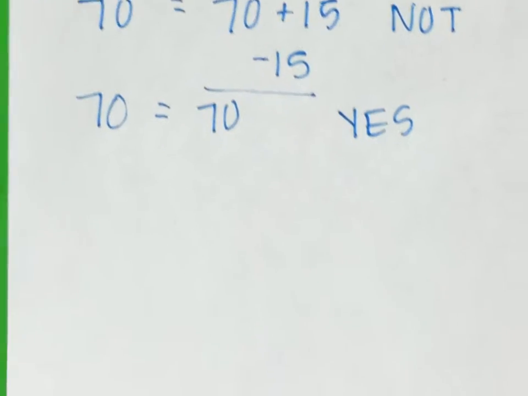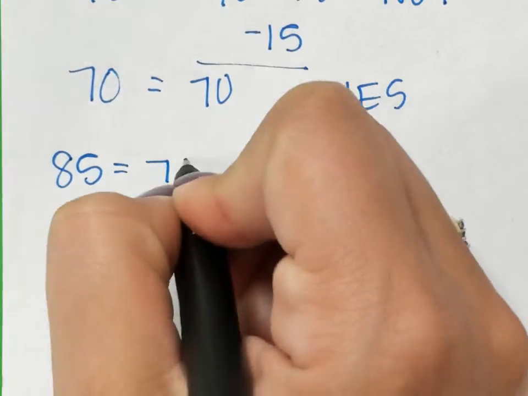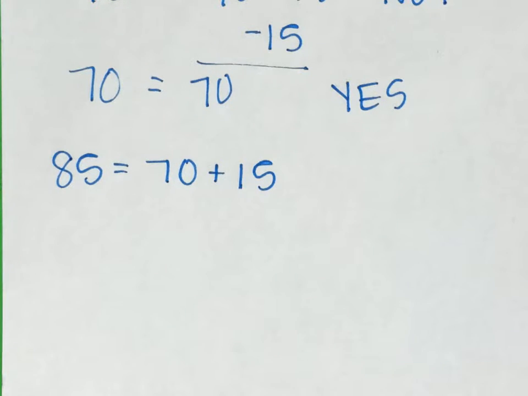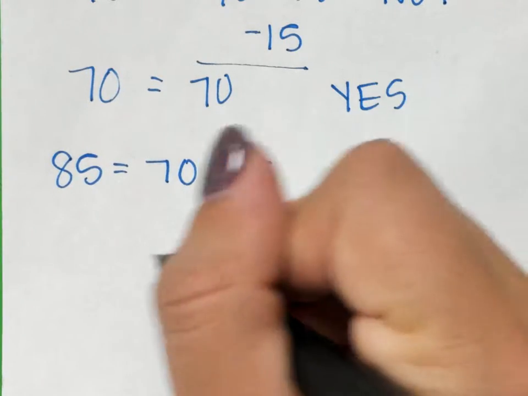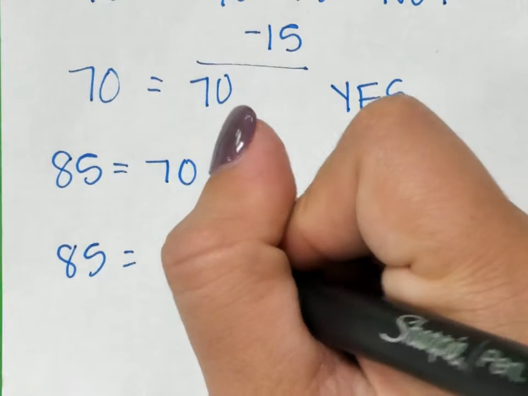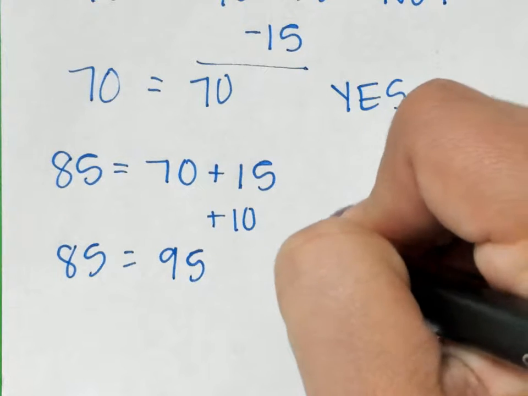What if I want to start back with the same equation? 85 is equal to 70 plus 15. What if I want to add 10 to the right-hand side? I get what? So 85 is equal to 95. Is that true? Nope.